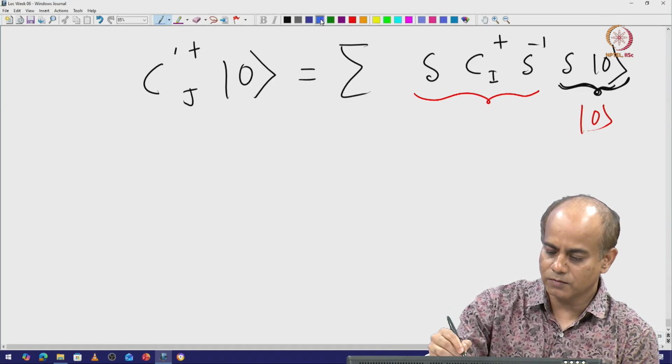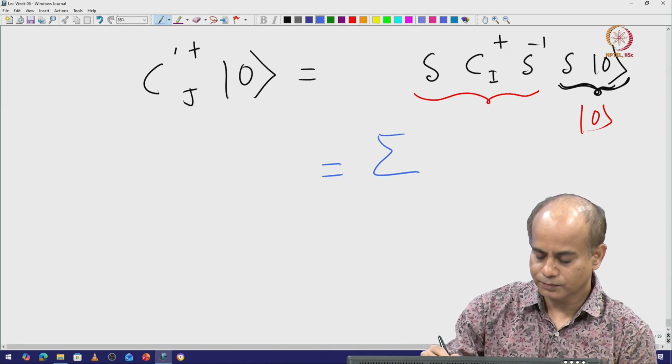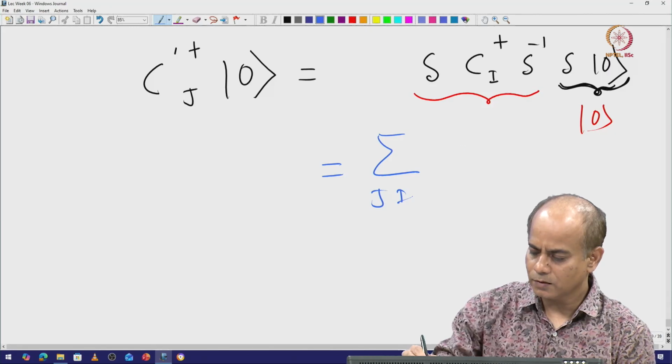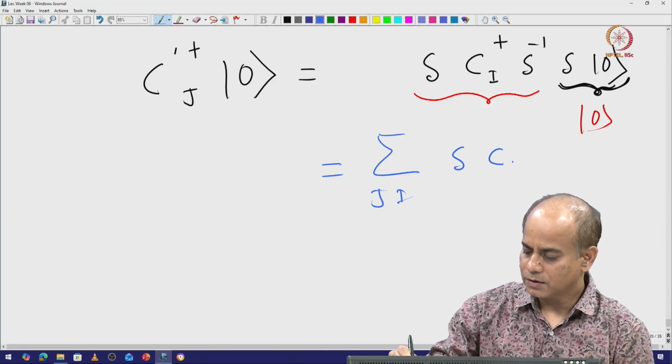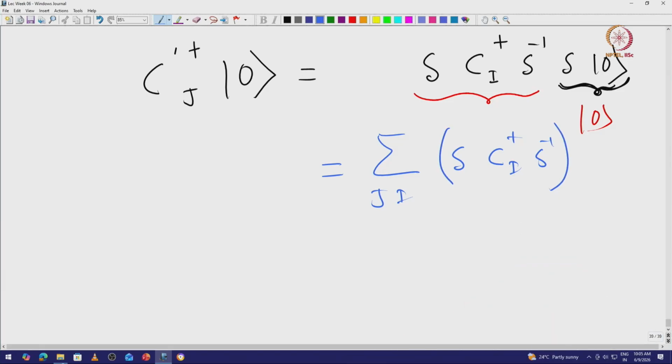Okay, and right now J I S I. So you can see that we can still write it as an operator, c J prime dagger is equal to, or even if I remove the index, the index will be absorbed into this.